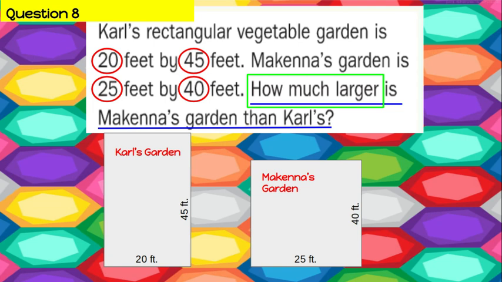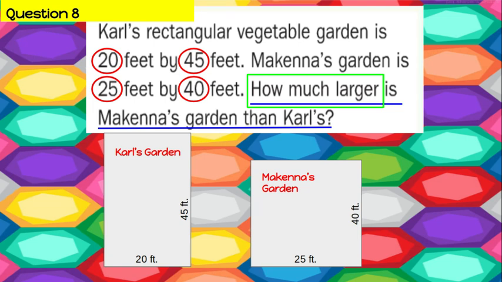I've already done the cubes process for you on this problem by circling the numbers, underlining the question, and boxing in the clue words. Those clue words that say how much larger tell us we need to subtract.